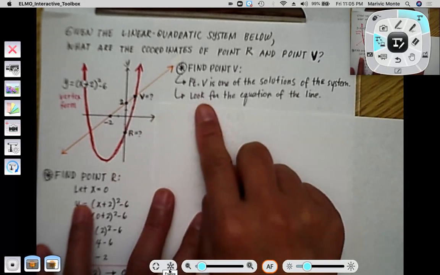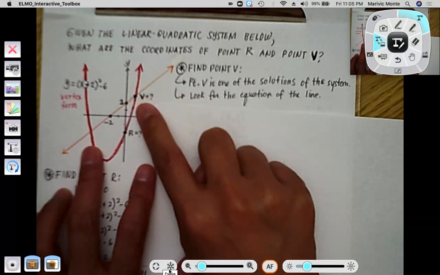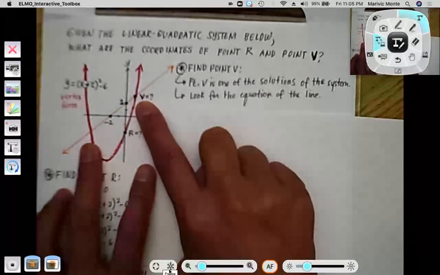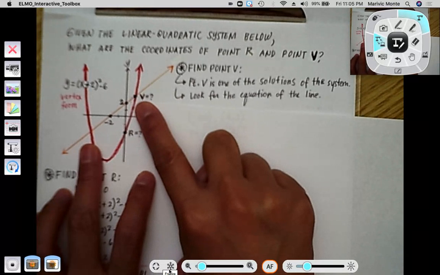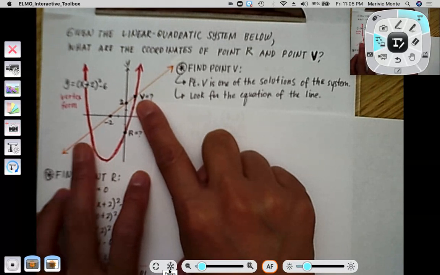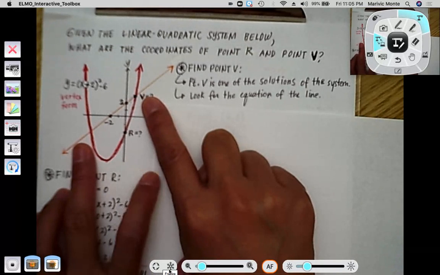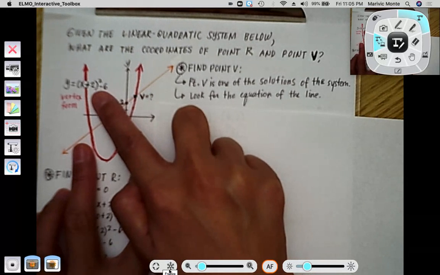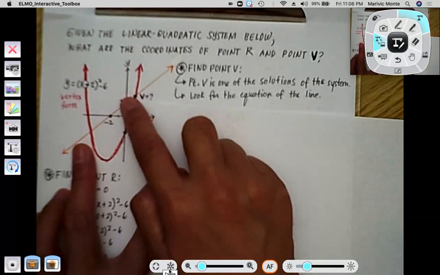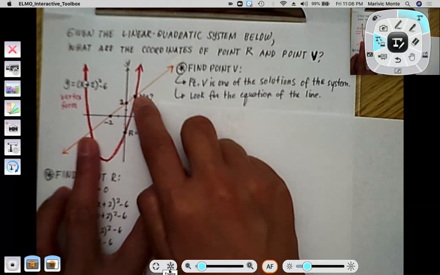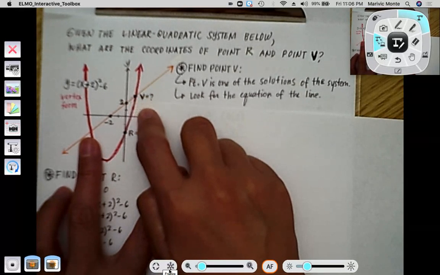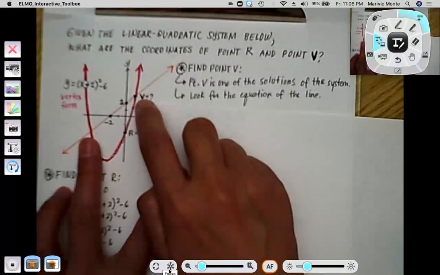And since it is a system, and point V is one of the solutions, we could strategize the solution by first looking for the equation of the line, and we take that equation of the line along with the vertex form, the equation of the parabola, and we use those two equations to solve for the intersection points. And of course, we will recognize that one of them is going to be the coordinates of point V.